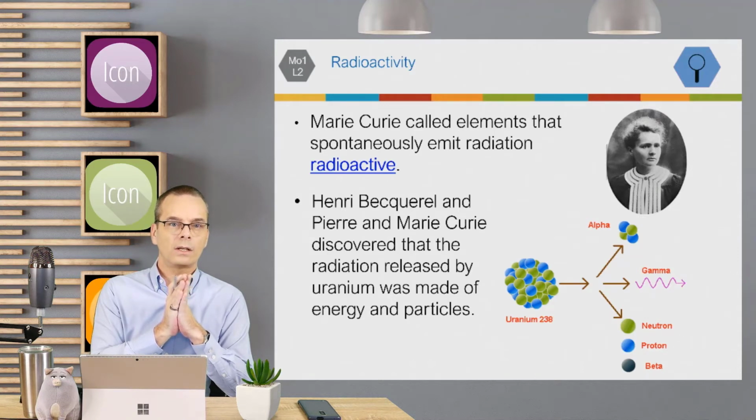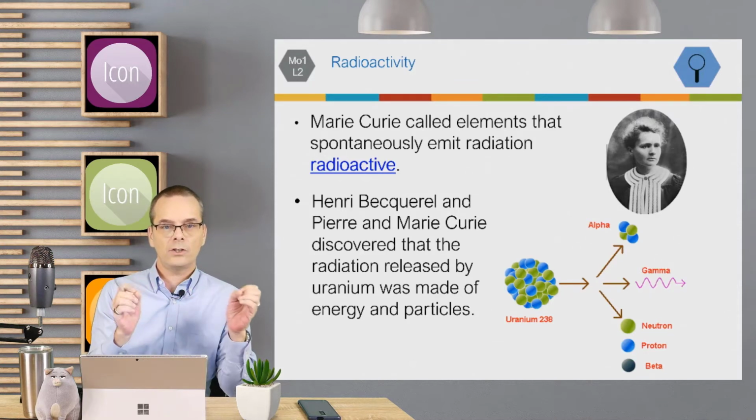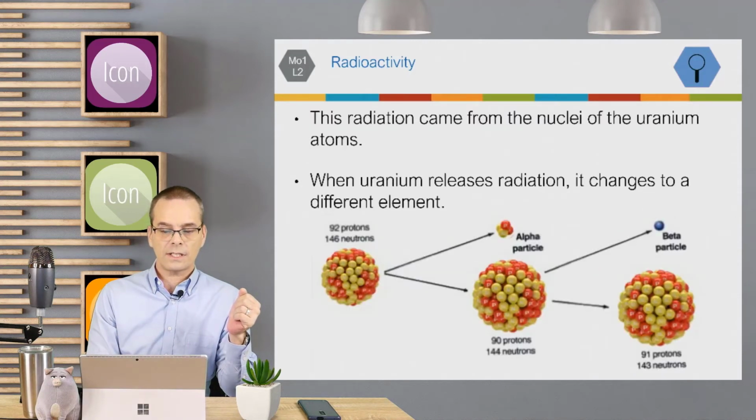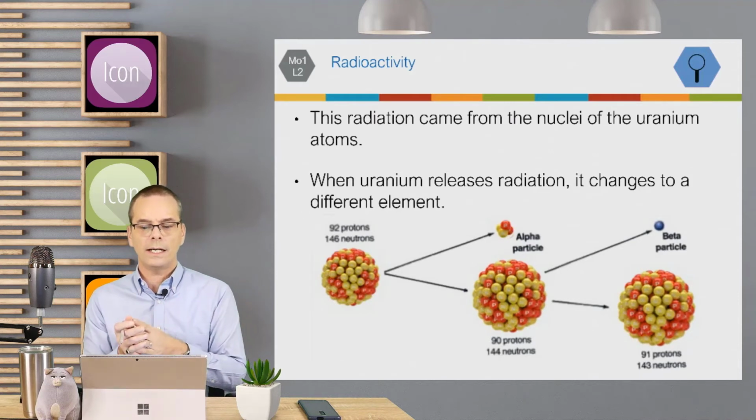Henri Becquerel and Pierre and Marie Curie discovered that radiation released by uranium was made of energy particles. So they were the ones that actually discovered this, and that this radiation came from the nuclei of the uranium atom.